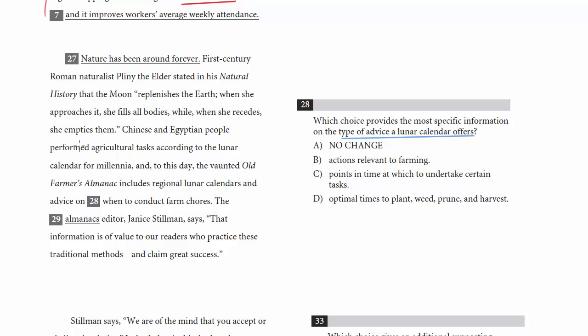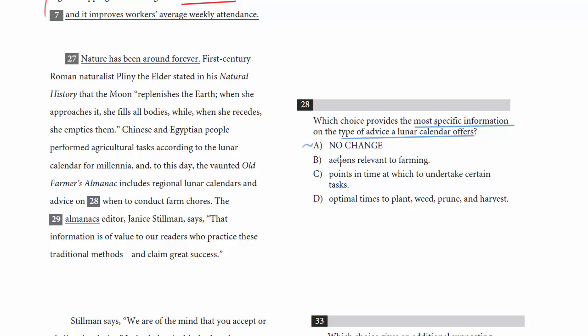Chinese and Egyptian people performed agricultural tasks according to the lunar calendar for millennia, and to this day, the vaunted Old Farmer's Almanac includes regional lunar calendars and advice on when to conduct farm chores. Okay, looking at this, is this the most specific information on the type of advice? When to conduct farm chores? I mean, that's not terrible. We'll keep it for now.